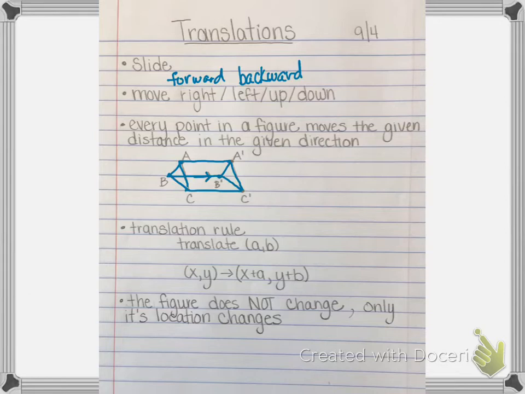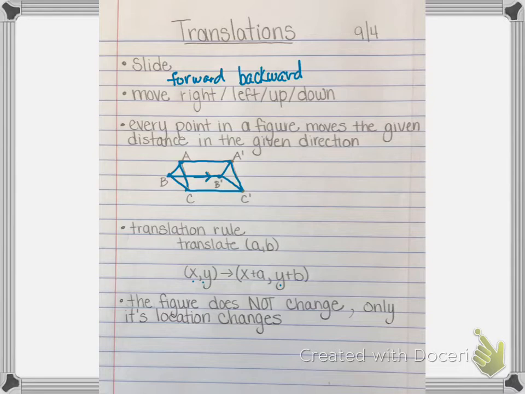So translation rules can show what's happening. If we are to translate (a, b), it's just saying we're going to move something a and b. So if we're looking at point X and point Y, and we want to move X plus a and Y plus b, it's going to move X in a positive direction to the right, and Y will move in a positive direction up.